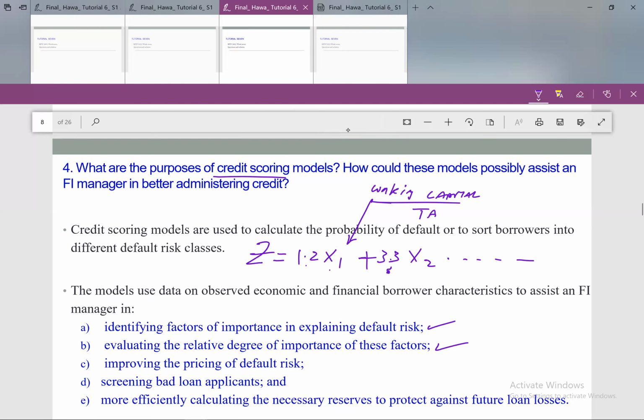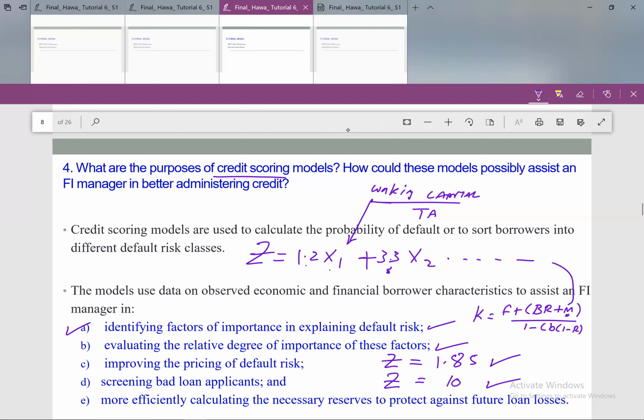So when you calculate K, which is the fees plus the risk, the basic rate, plus the M, 1 minus B, 1 minus R, you can now play with this M. If Z is 5 or 10, this is a very, very strong company, so I will decrease the M. This is actually helping me, the credit scoring, to play with the premium, which is my risk premium for defaulting.